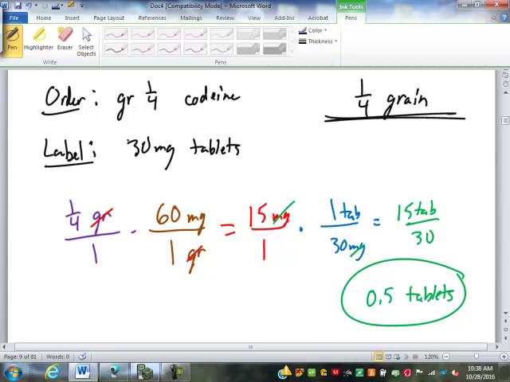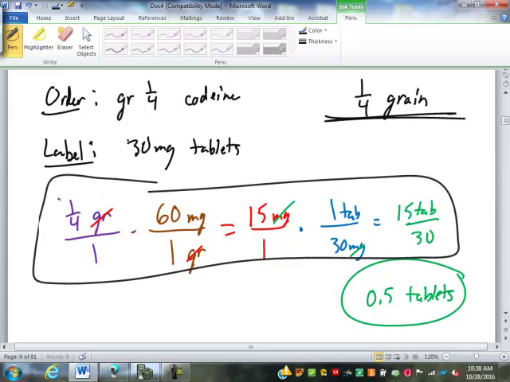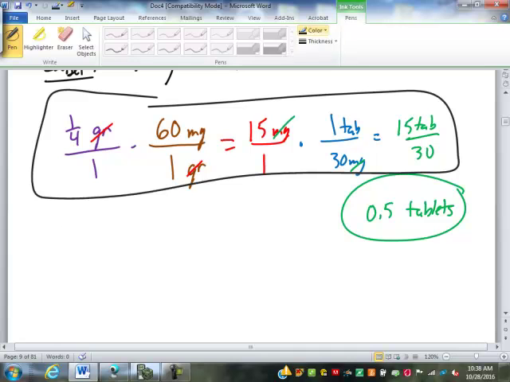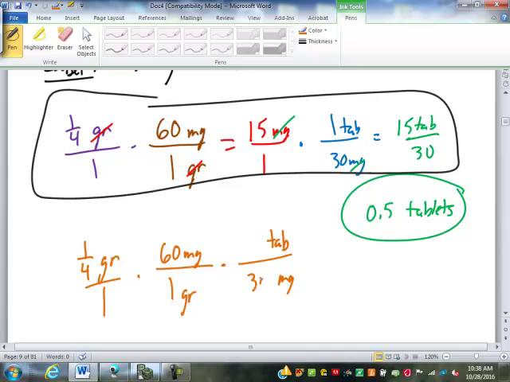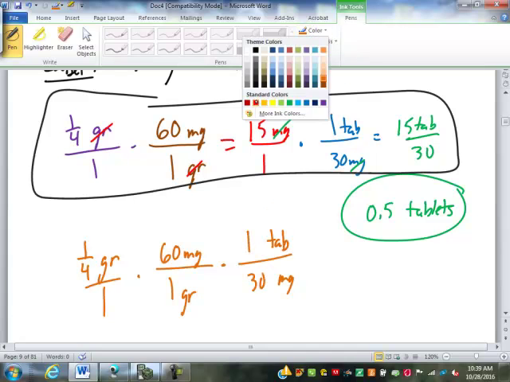So this is one thing I like about the dimensional analysis method: if I do have to change units, I can just keep going right along. In fact, some would do this all as one problem. They would do the conversion here, 1 grain to 60 milligrams, and then milligrams to tablets, all at once.